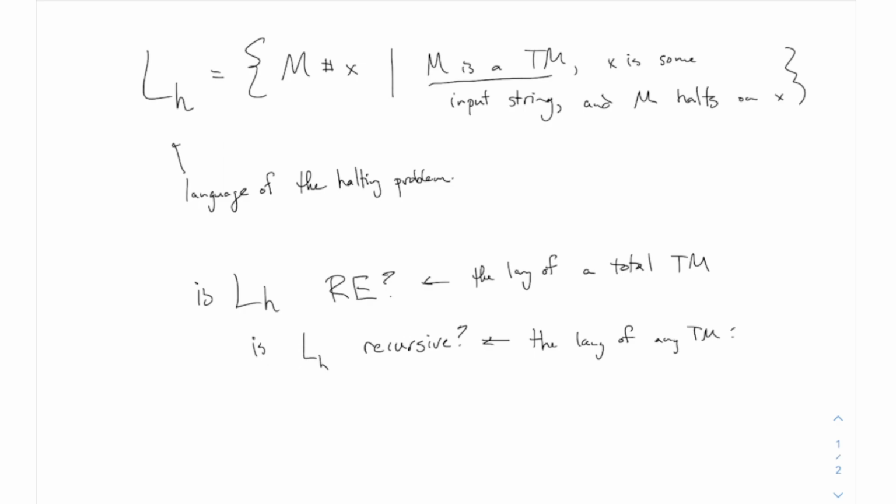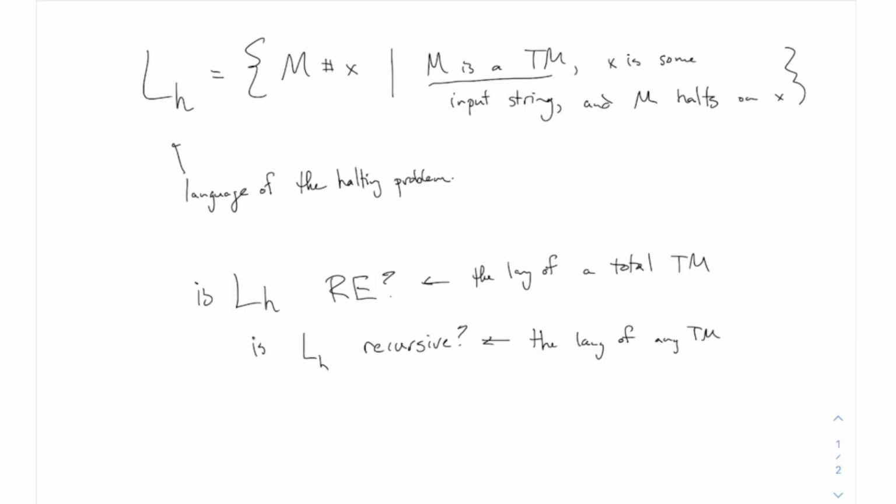All right. This is very strange. LH is itself a language that's made up of Turing machines, right? And their inputs. And now we want to talk about, is that language something which can be computed on some other Turing machine? It's just very weird, and actually it's only going to get weirder as we go along today.